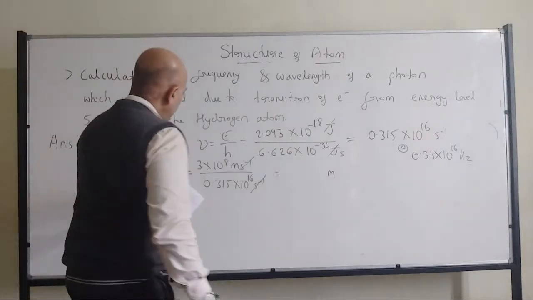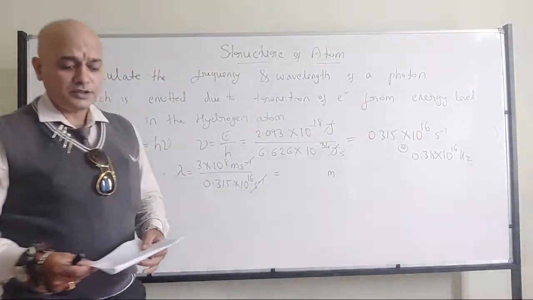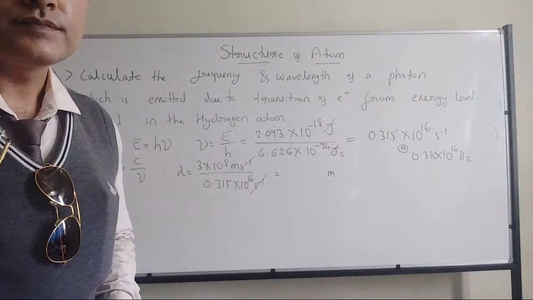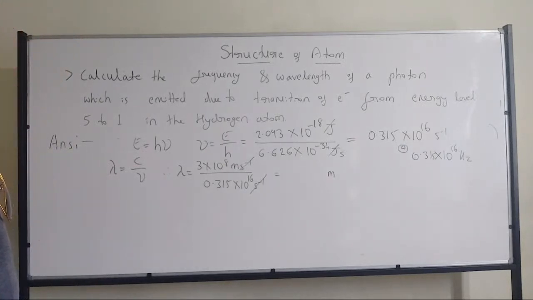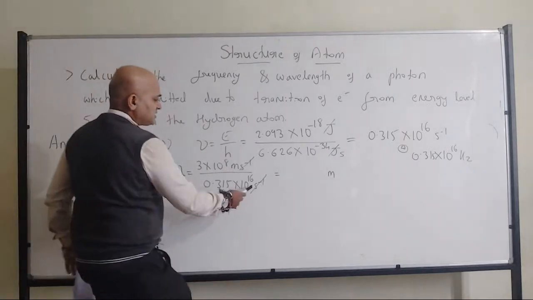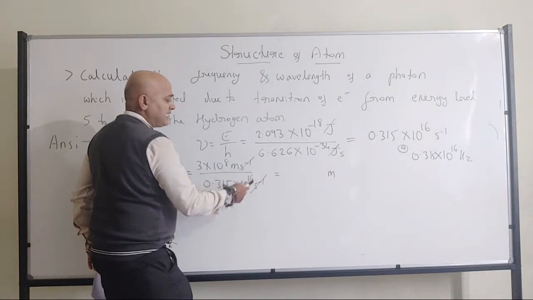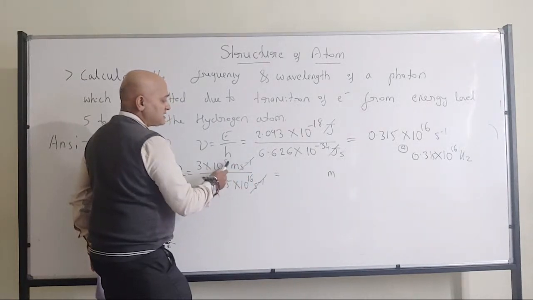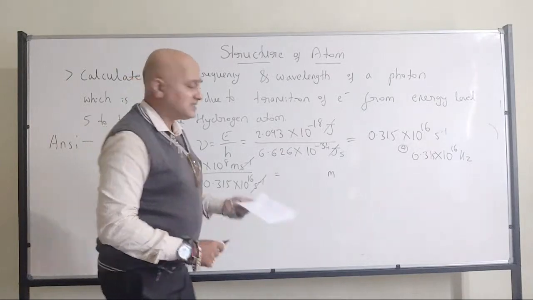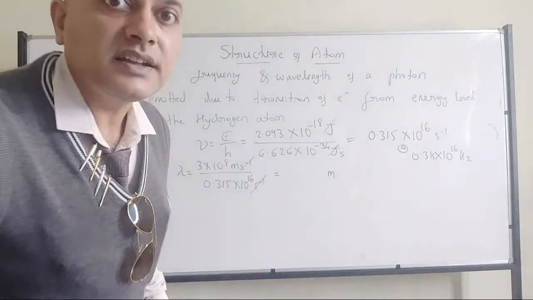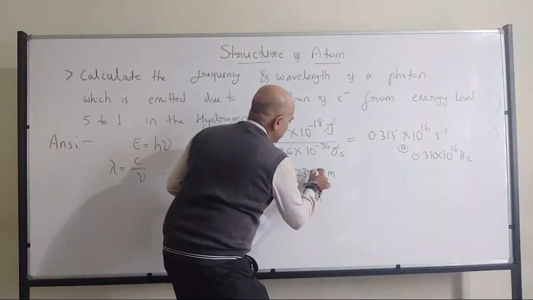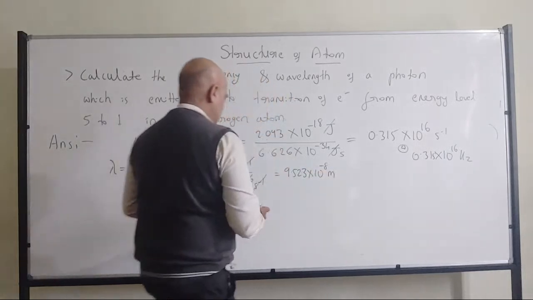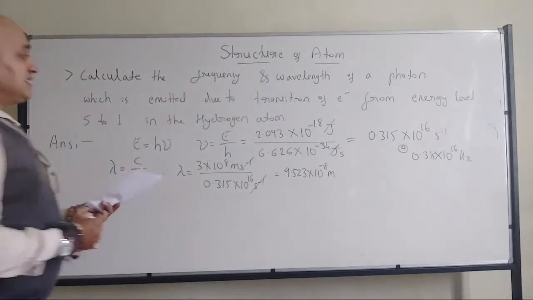So wavelength will be equal to, what is the answer you people have got? 3 divided by 0.315 you have to do. 10 to the power of 16, if I take it on the top, becomes 10 to the power of minus 16. So minus 16 and 8, it will be minus 8. Yes, absolutely correct. 9.523 into 10 to the power of minus 8 meter. So that is the wavelength.